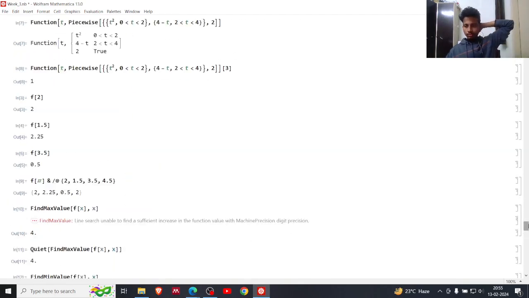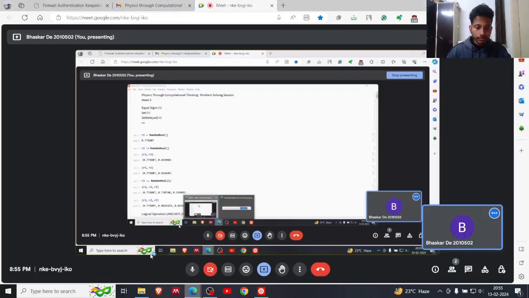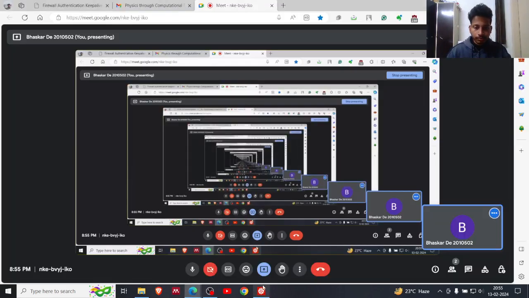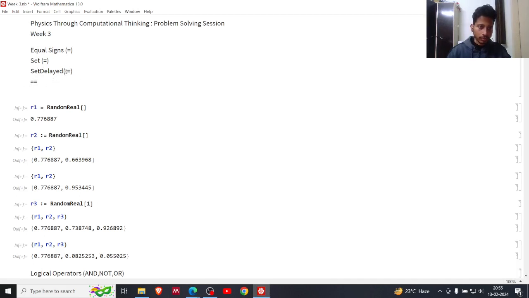So today we have talked about a lot of things, different ways of handling functions in Mathematica. First is the use of the equal sign, that is the double equal to, set delayed which is colon equal to, and the normal equal to.